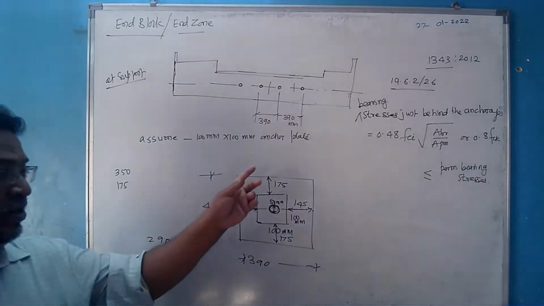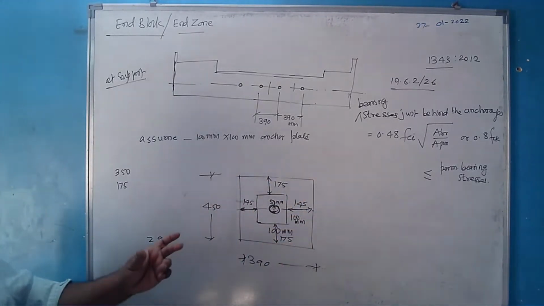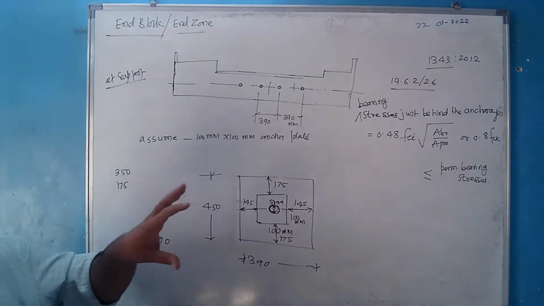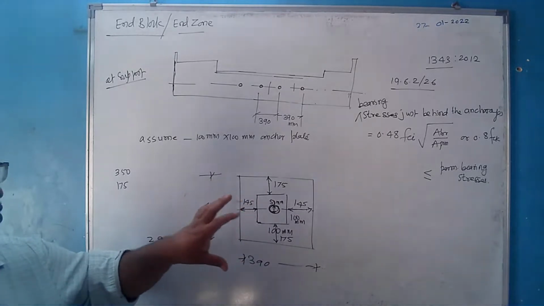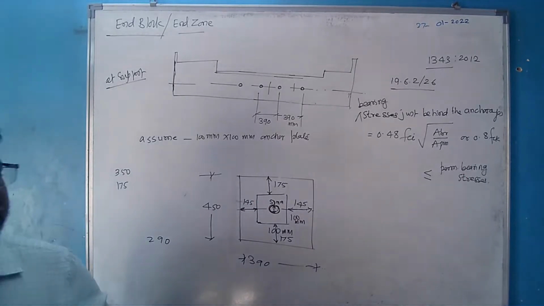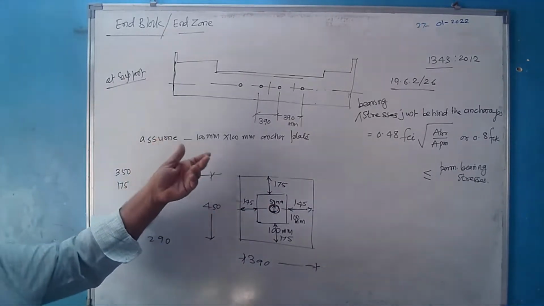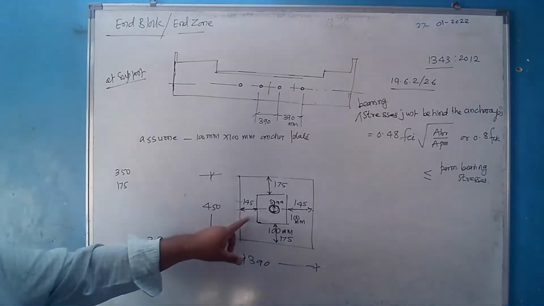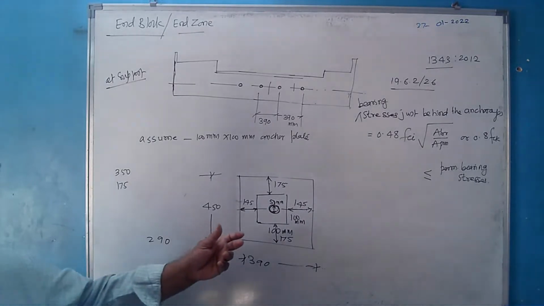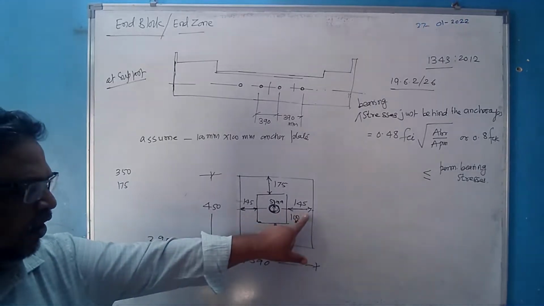Whichever projection is smaller, the least projection, consider that much projection on all the sides, and that is the bearing area on which the effect of this load will act. Where the cable is, where we have provided the anchor plate, we assumed certain dimensions, then you see what projections are available on all the sides. Whichever projection is smaller, make a square of that.